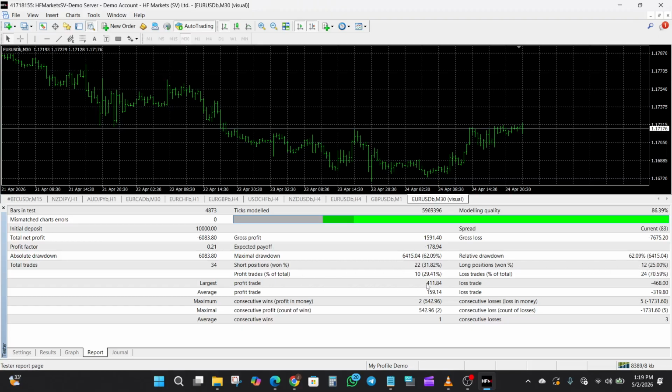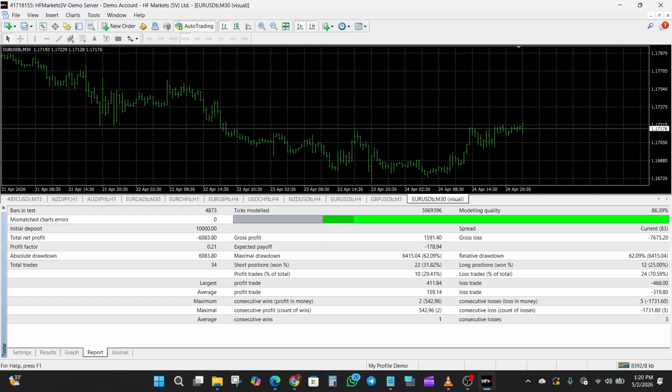The largest profit trade was just $411.84. The largest losing trade was $468. The average profit trade was $159.14, and the average losing trade was $319.8. So this tells me that the risk to reward ratio is bad.